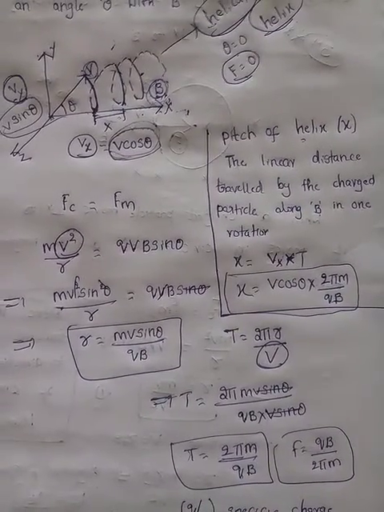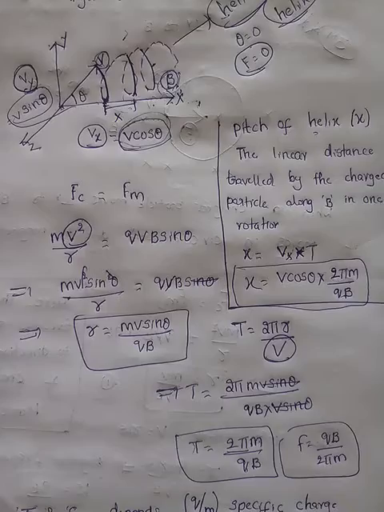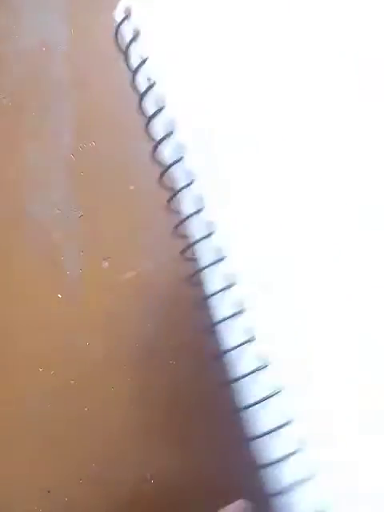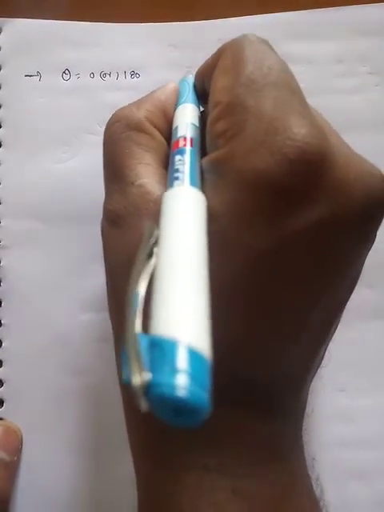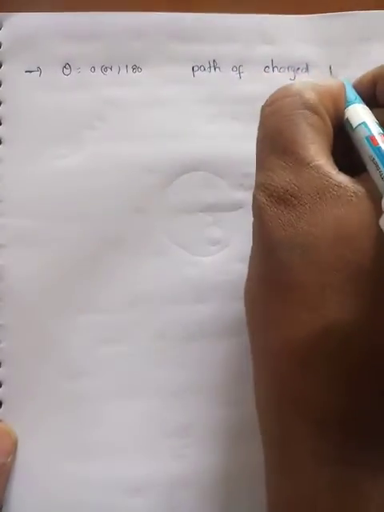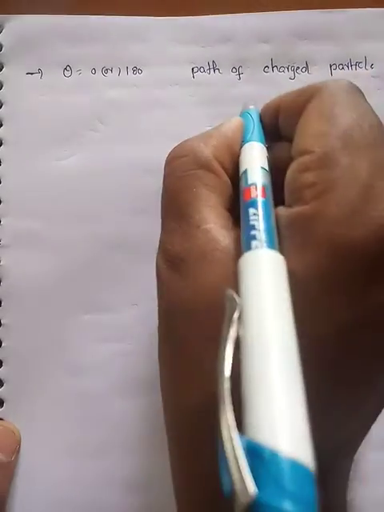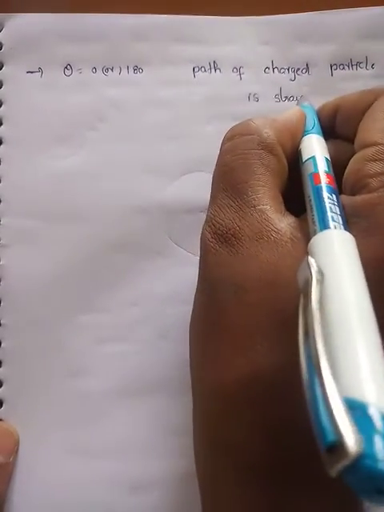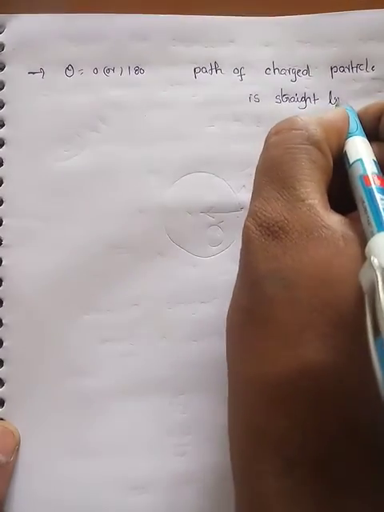From all these things we learnt three very important points. First point: theta is equal to 0 or 180, the path of the charged particle is a straight line. They will ask the question, what is the path of the charged particle when it is moving along the direction of magnetic field?